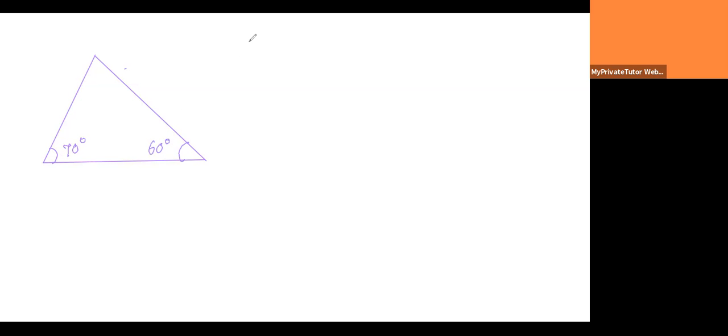So please tell me what is the angle of A. Along with this, I want you to find what type of triangle it is. What is angle A?